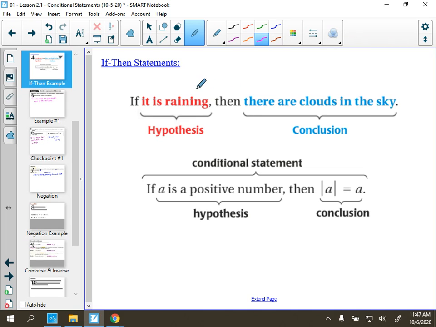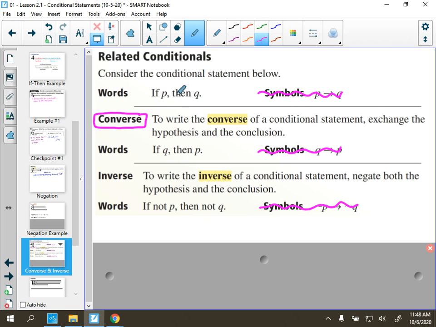The converse of the statement would read, if there are clouds in the sky, then it is raining. So the converse is very mechanical: just switch your conclusion and your hypothesis around and read it exactly how it is. Keep the if and the then in the same spots. All right, so that's converse. And sometimes people get these mixed up because they sound the same.